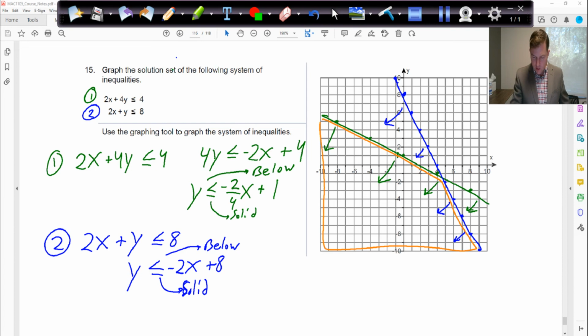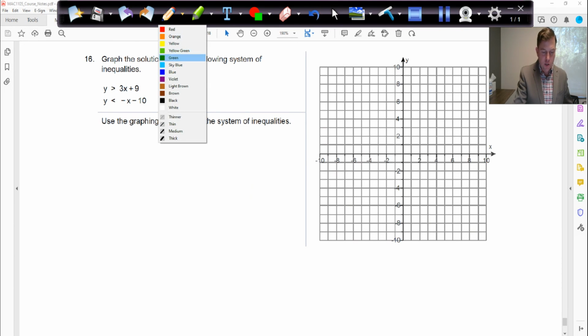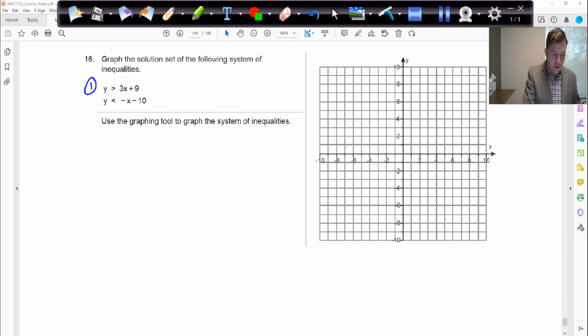Anything in this region. And it keeps going, but for our grid, we'll just stop there. So anything down there, bottom left corner of this grid, we would have ordered pairs that will be solutions to both those inequalities at the same time.